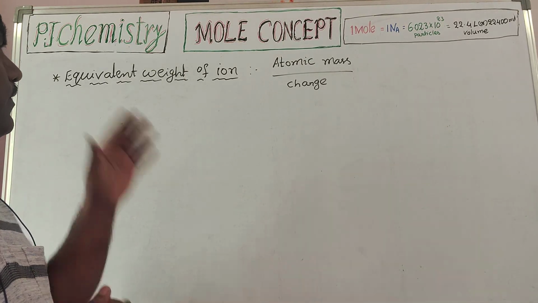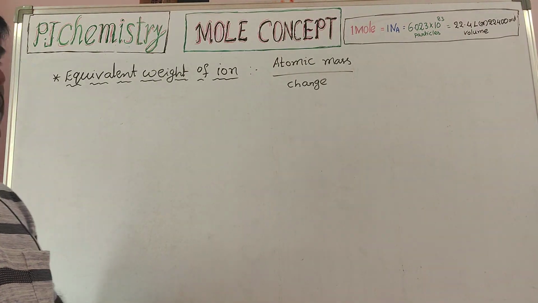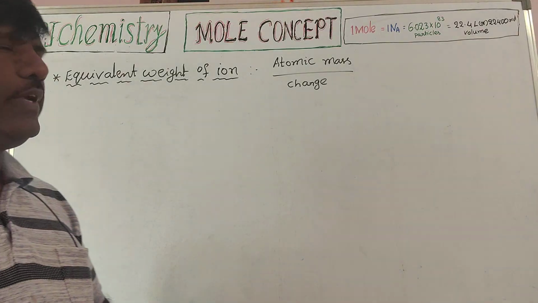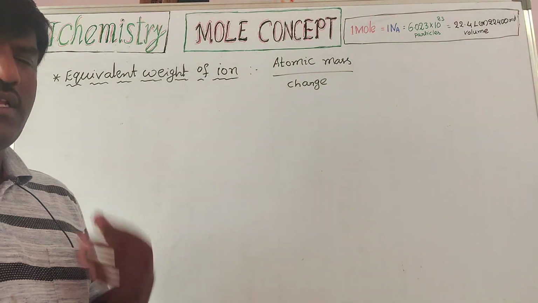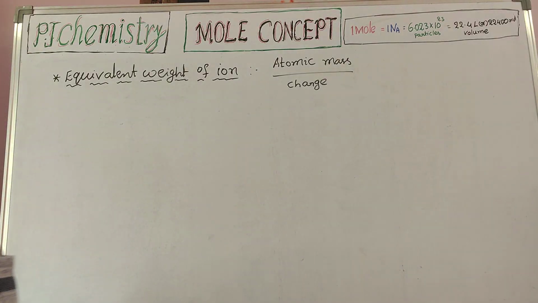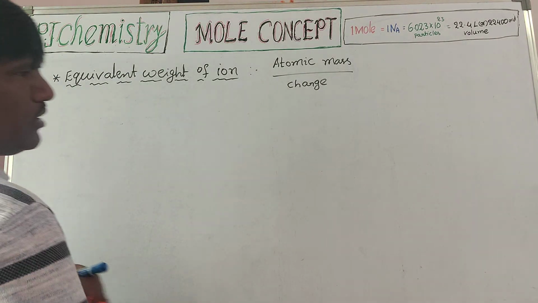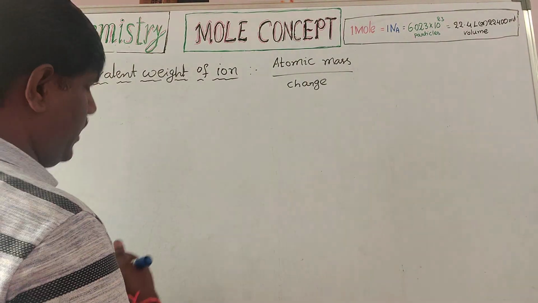For the equivalent weight of ions, if they give any ion, how do we find the equivalent weight? It is the atomic mass divided by its charge, whether a positive charge or a negative charge on the ion.